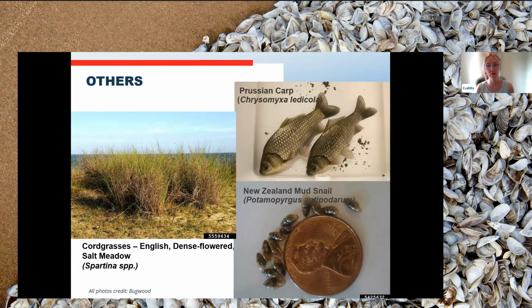And finally, we have New Zealand mud snails. As the name suggests, they are native to New Zealand and surrounding islands. This species is absolutely fabulous at hitchhiking through ballast water or by attaching itself to aquatic equipment. It's basically spread around the globe.